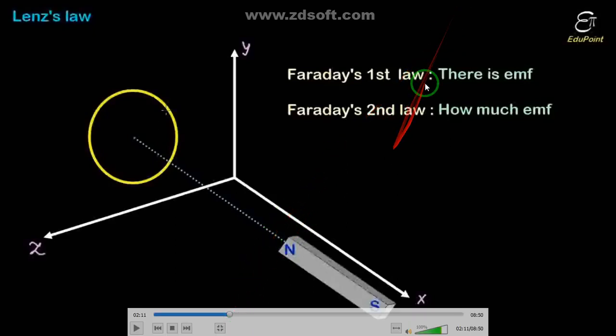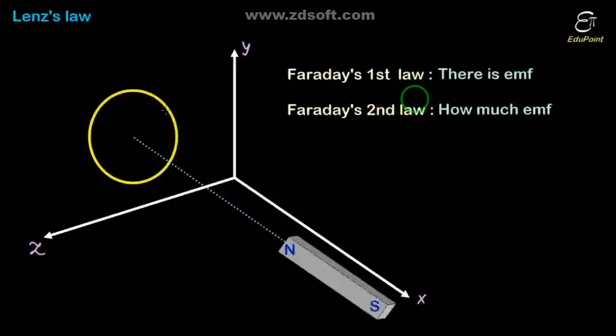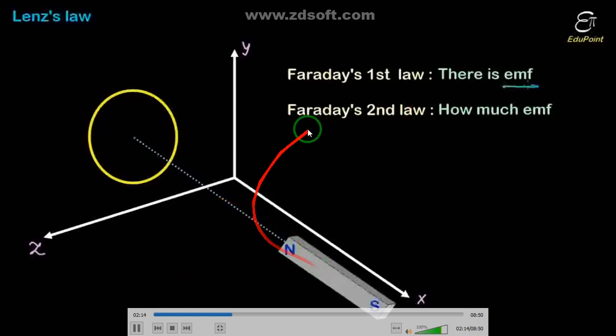So these two laws indicate how the EMF will be induced and how much. But they do not discuss in which direction the current will flow or in which direction the EMF will be induced. That condition is discussed by Lenz's rule.